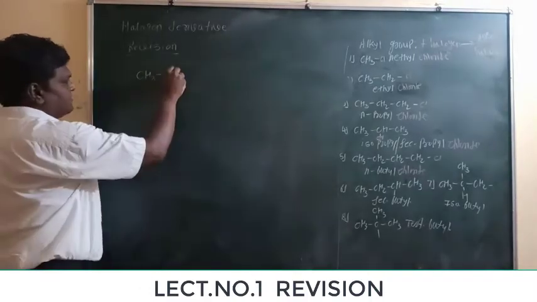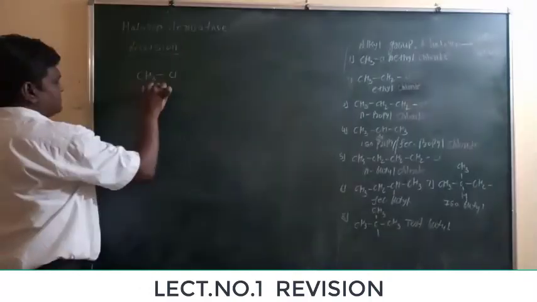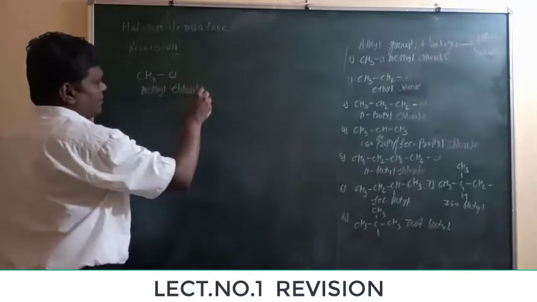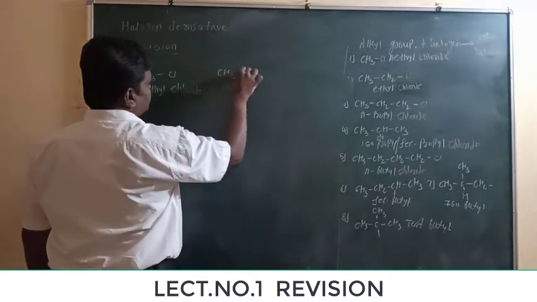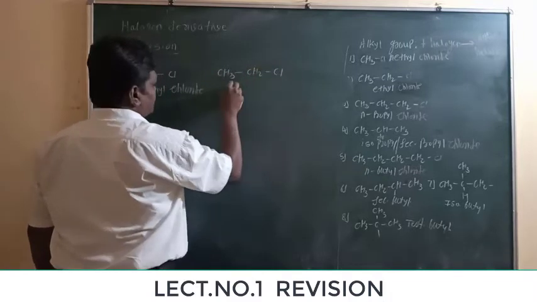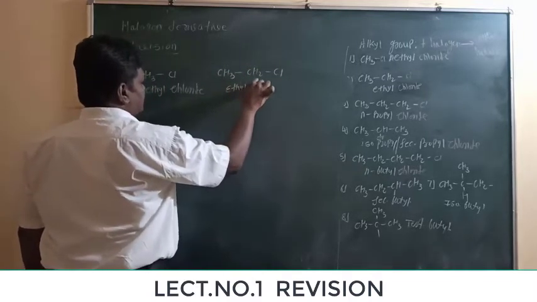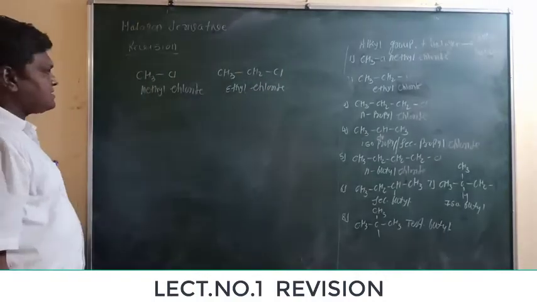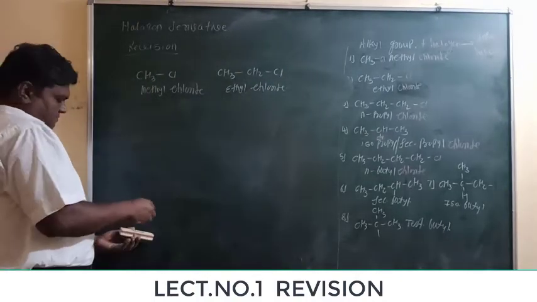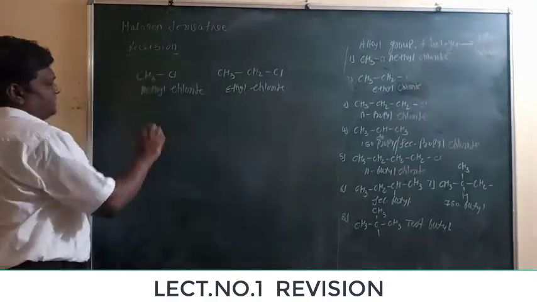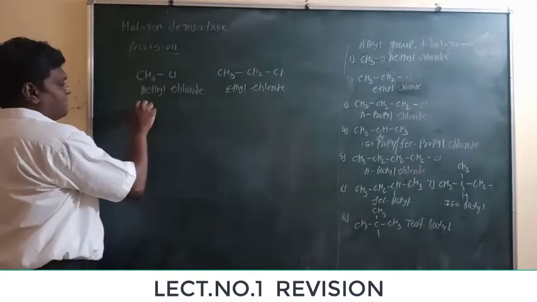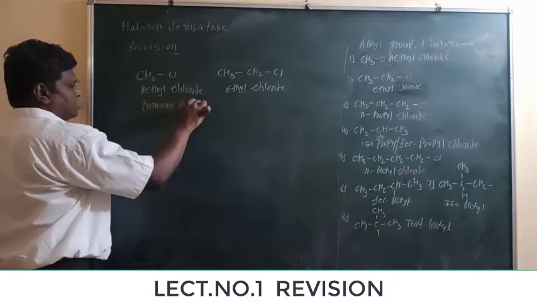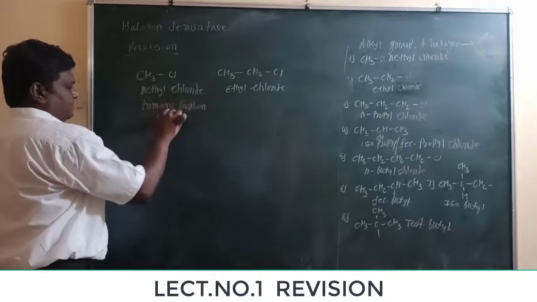This is called methyl chloride. We'll write one more example. This is called ethyl chloride. Now in this case, the carbon atom which is attached to this chlorine atom is called a primary carbon atom.